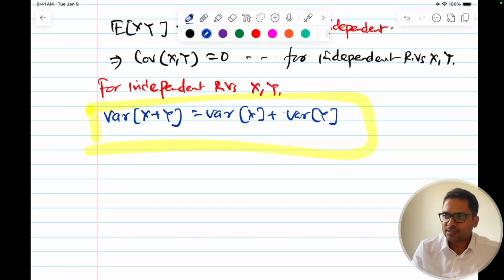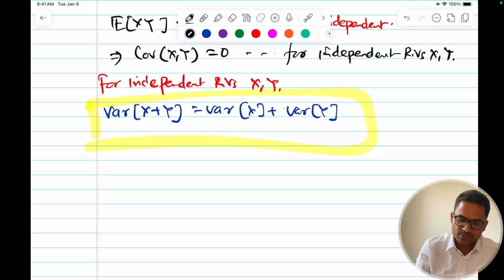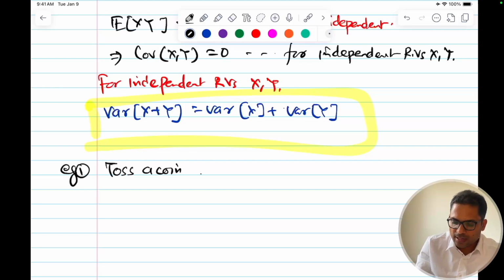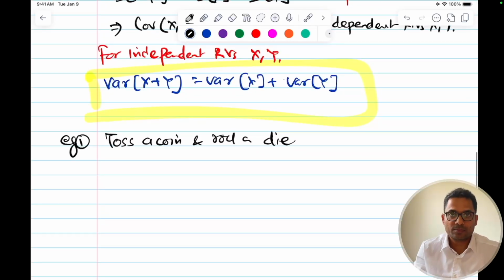So let's understand this with a simple example also quickly. Say for example, the setup is, I toss a coin and I roll a die. Okay, we have seen this example 1. Toss a coin and roll a die. So will these two random variables be independent?